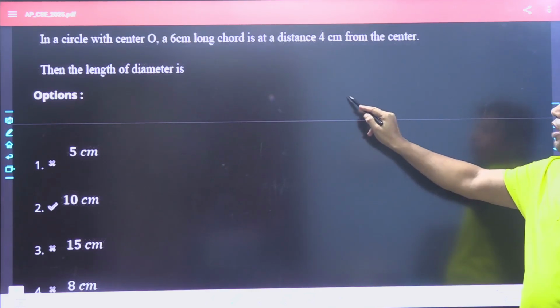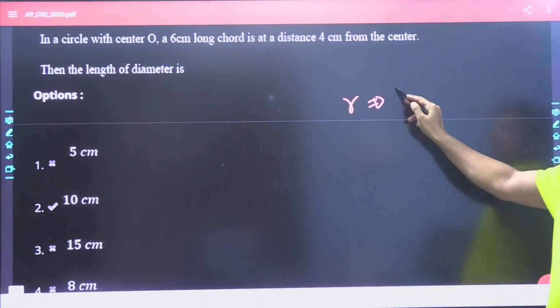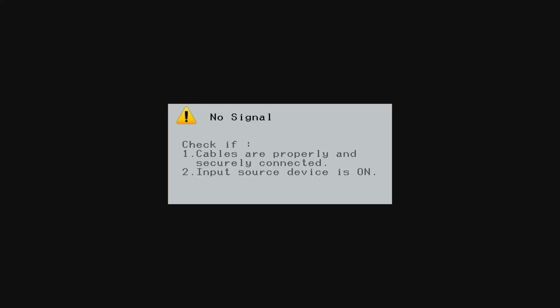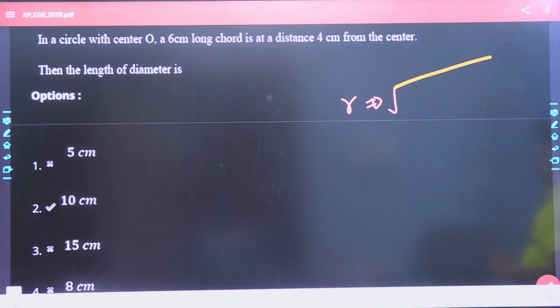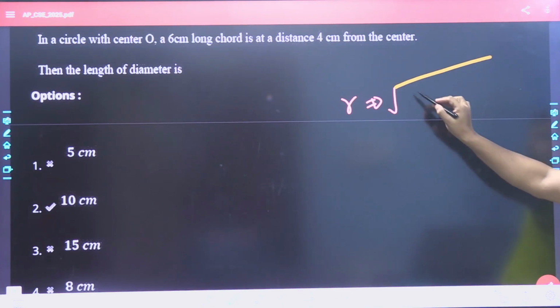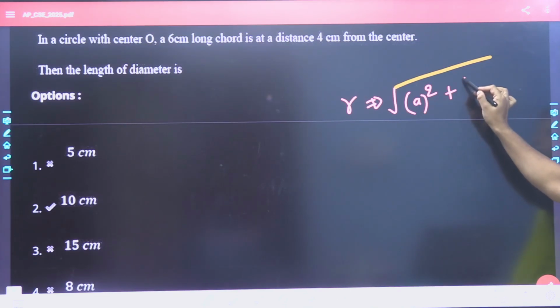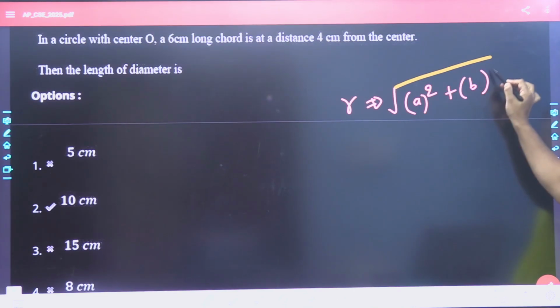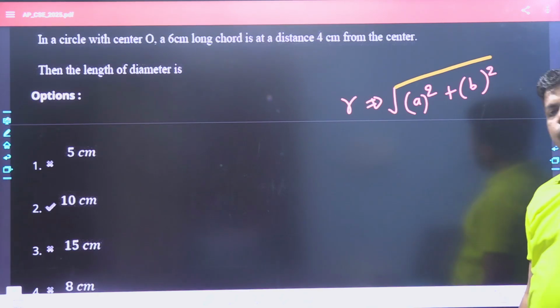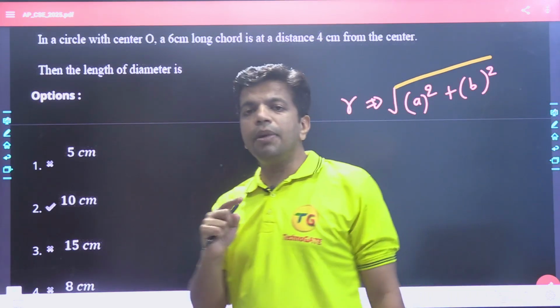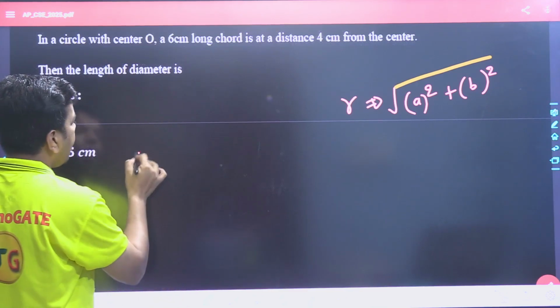So if you want to find out the radius, can we say that radius is simply the square root of half length of chord squared plus distance squared.